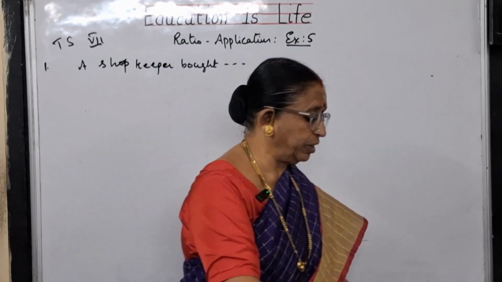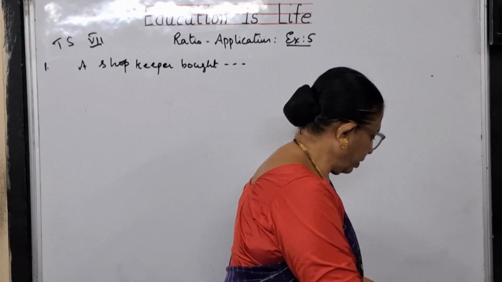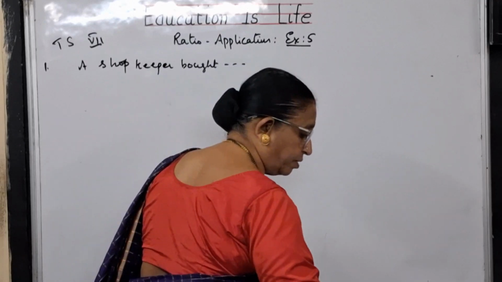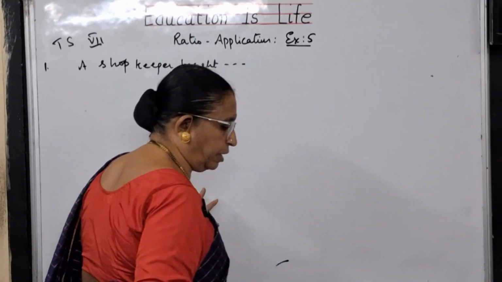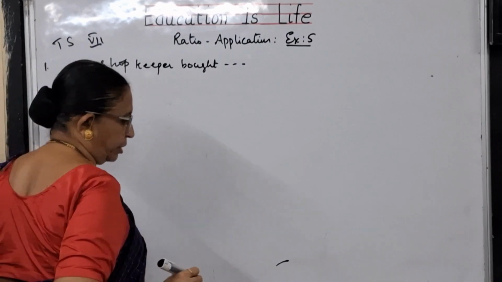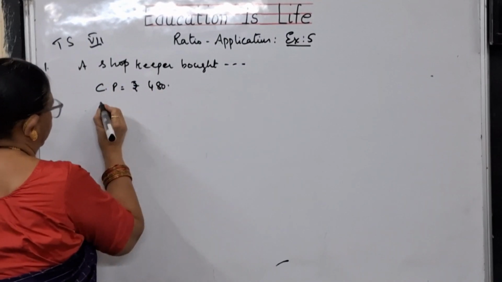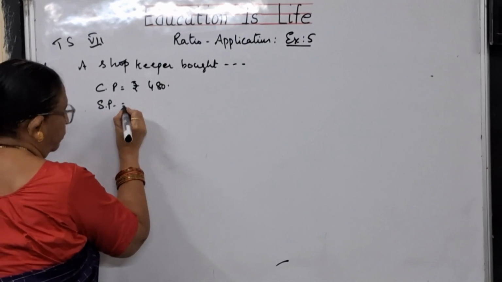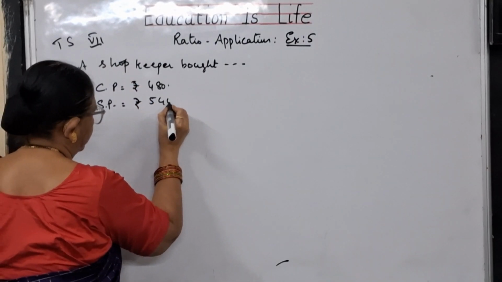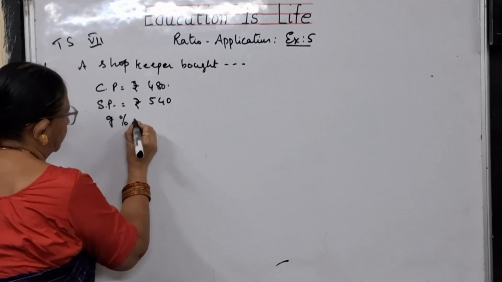You need to find out what is gain and gain percent also. So what is given to you? The cost price, because a shopkeeper bought a suitcase. Cost price is given as rupees 480, and he sold it. What is the selling price? Rupees 540. Now, the question is what is the gain percent?